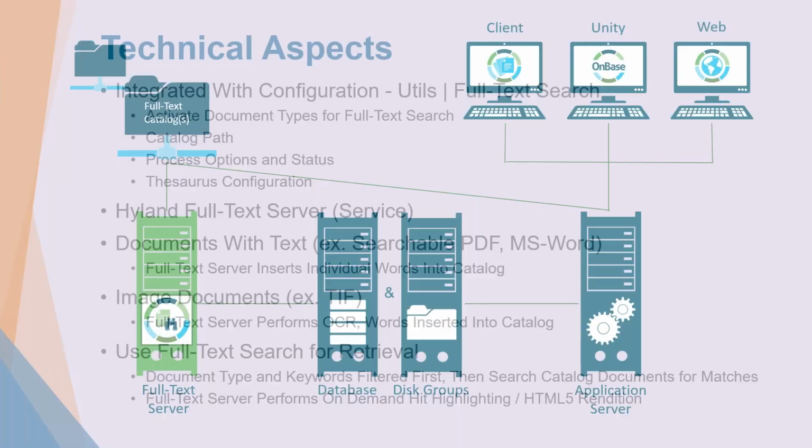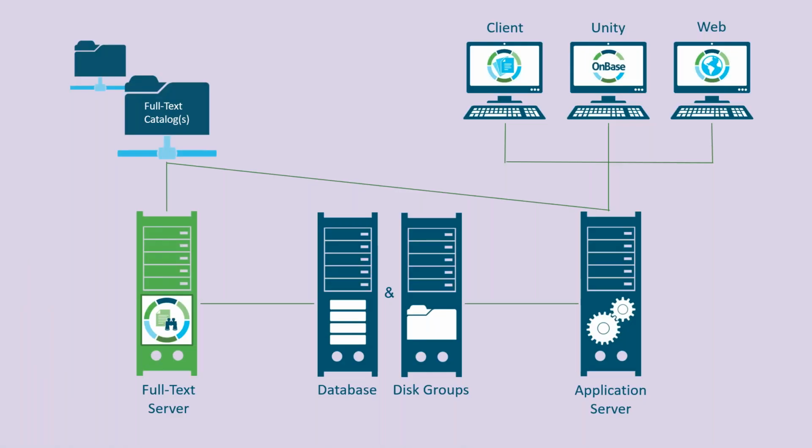So just a graphic to show you what the architecture might look like. Upper right-hand corner, you have your different clients. Again, we talked about the thick client, the Unity client, the web client. This all works perfectly fine with it. But as you're performing a full text search, it's going through the application server and effectively grabbing those documents from the full text catalogs.